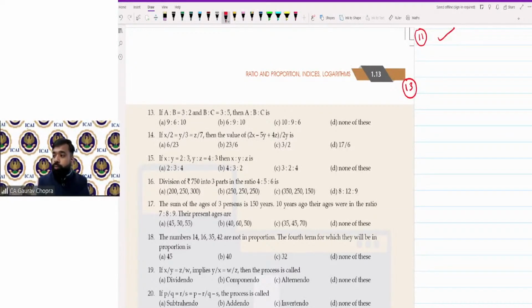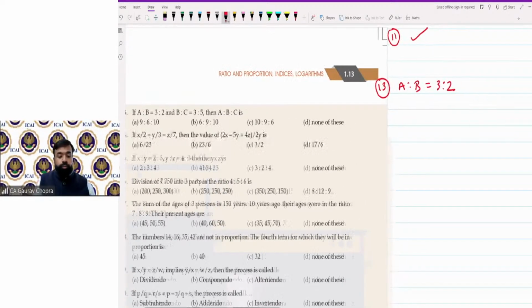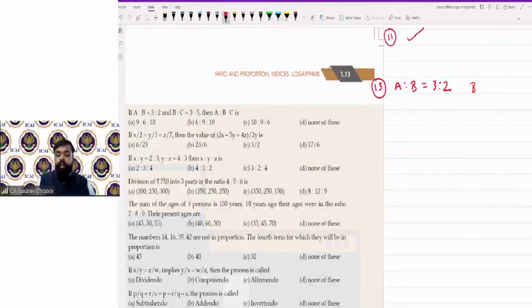Okay, so let's move towards the next question now, which is 13. It says A ratio B is equal to 3 ratio 2, and B ratio C is 3:5. And now you have to find out the combined ratio of A, B, and C. So this we have covered in last session.